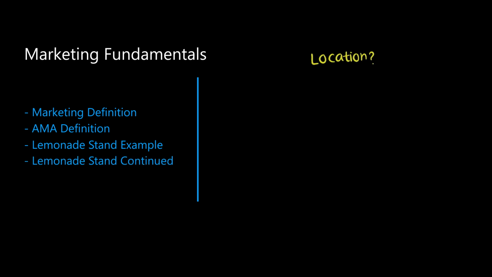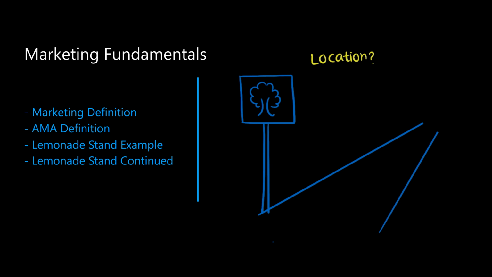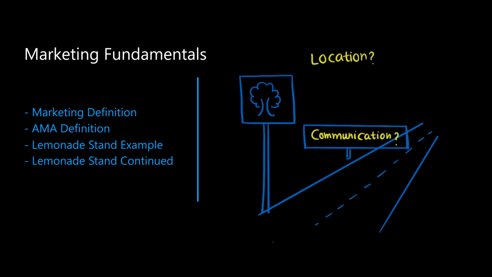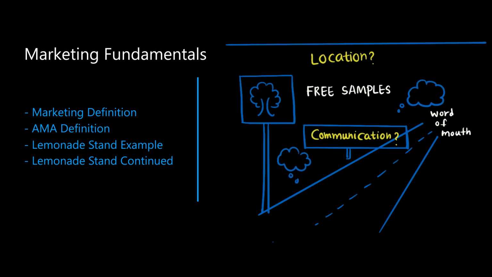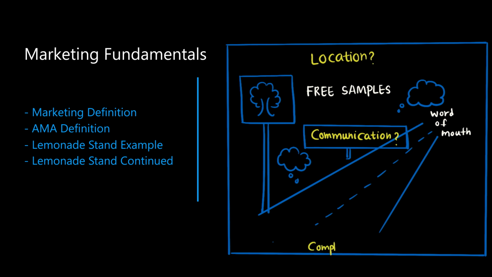It influences where you set up your stand, near the park where people are thirsty, or at the corner where there's more foot traffic. Marketing even shapes how you communicate. Do you use a colourful sign, offer free samples, or rely on word of mouth from satisfied customers? This simple example contains all the elements of sophisticated marketing strategy.